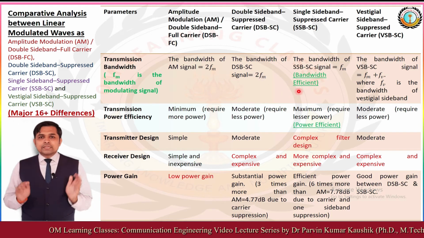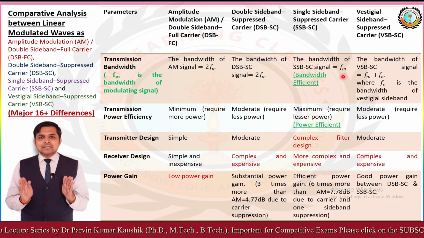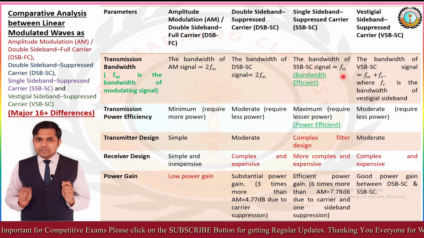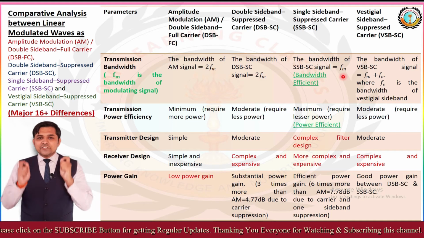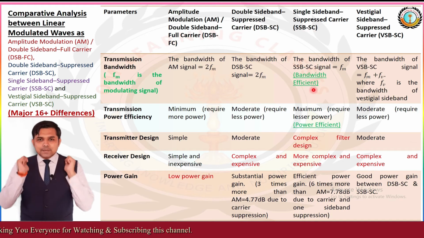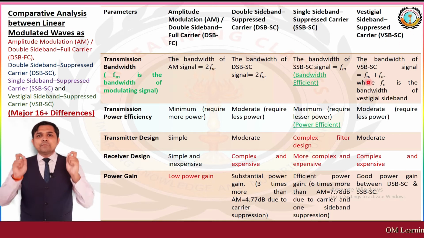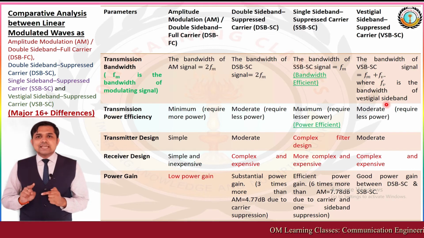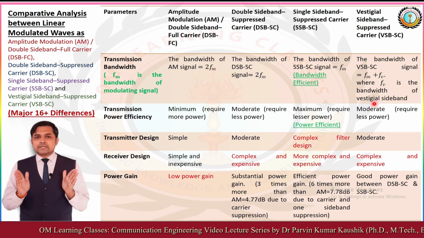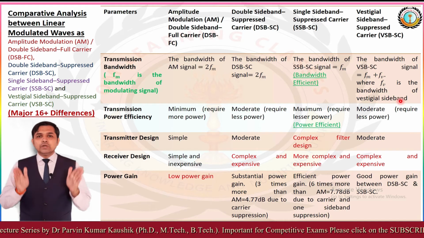In SSBSC, the bandwidth of the modulated signal is equal to the bandwidth of the modulating signal. So it is the bandwidth efficient modulation scheme among linear modulation schemes. In VSBSC, the bandwidth is equal to fm plus fv, where fv is the bandwidth of the vestige sideband, which is approximately 25% of the bandwidth of the modulating signal.